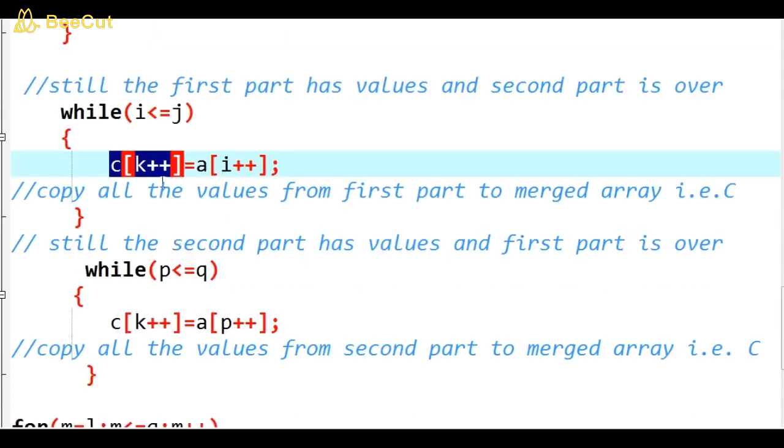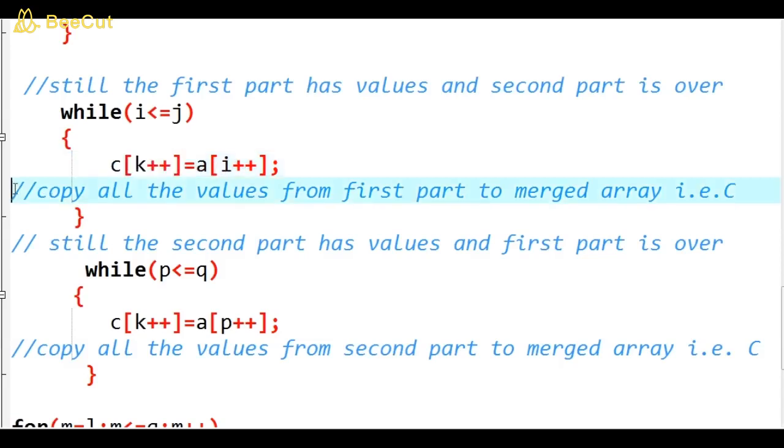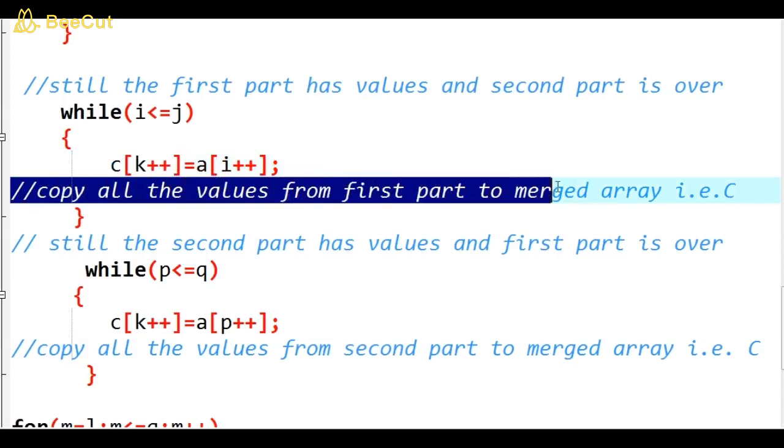First the assignment will take place, then the respective increment operations take place. K will be incremented by 1, I will be incremented by 1. So this operation, C of K plus plus equal to A of I plus plus, is nothing but copying all the remaining values from the first part to the merged array C.